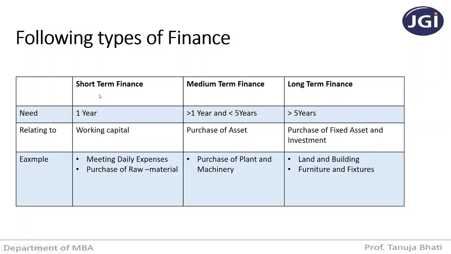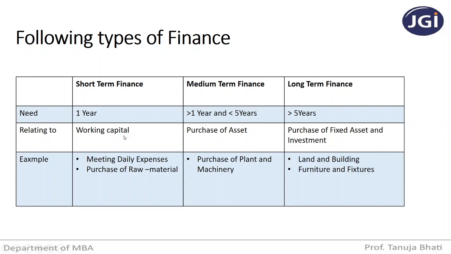Any amount of finance required by the company for a period of 1 year comes under the need of short-term finance. Where a company requires a finance for more than 1 year and less than 5 years, it comes under medium-term finance. And where a company requires finance for more than 5 years, it comes under long-term financial needs.